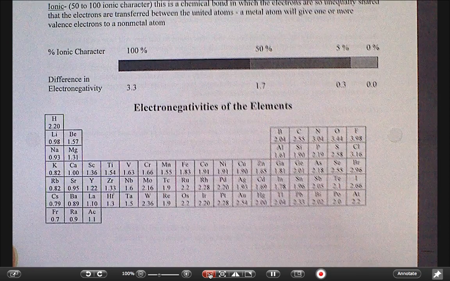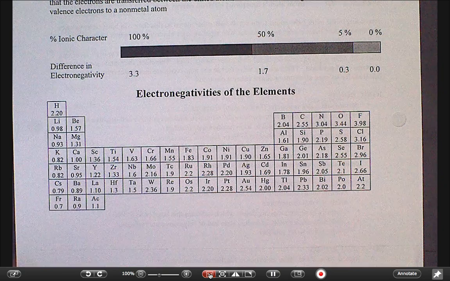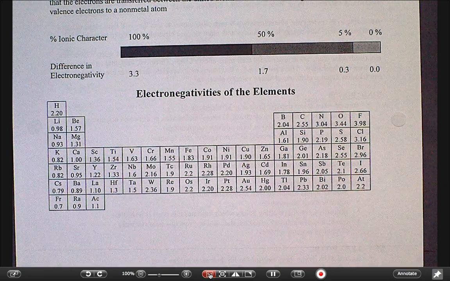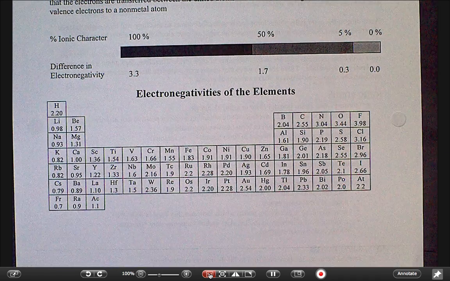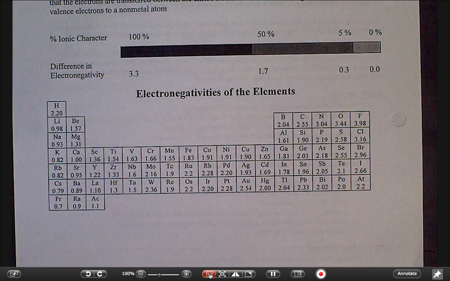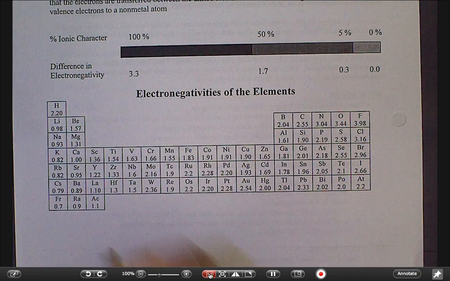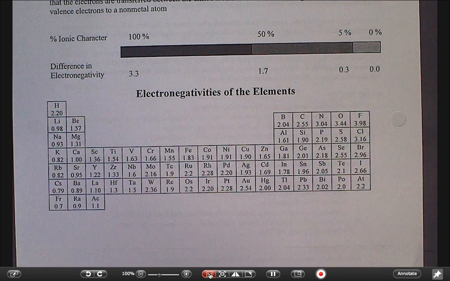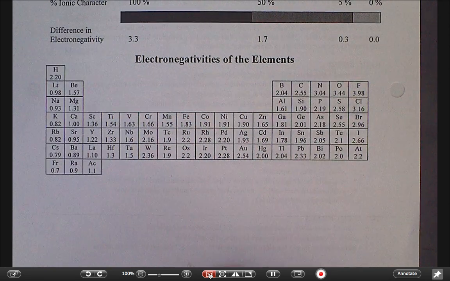Now then, what you see down here is basically the electronegativity table out of chapter 5. Okay? I want to write down here at the bottom the definition of electronegativity again for you.